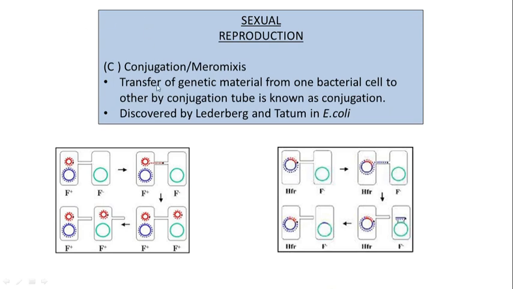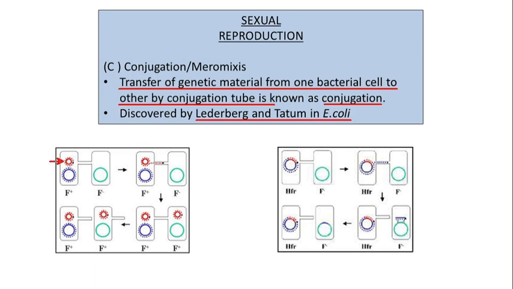Another method is conjugation. Conjugation is basically a method in which there is a transfer of genetic material from one bacterial cell to another by the conjugation tube, and this process is known as conjugation. This was discovered by Lederberg and Tatum in E. coli. Let us see how this conjugation takes place.